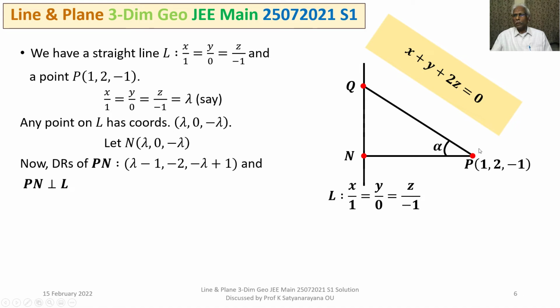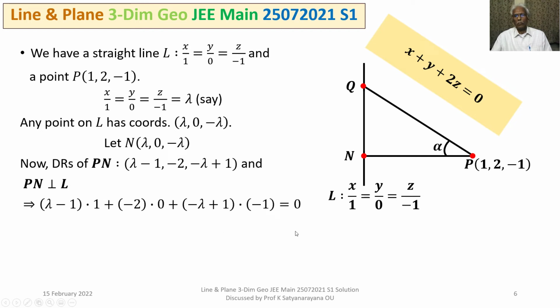And now this PN is perpendicular, orthogonal to the line L. And the line L has direction ratios 1, 0, minus 1. The direction ratios of PN are known, the direction ratios of L are known, and PN is orthogonal to L, which will imply lambda minus 1 times 1 plus minus 2 times 0 plus minus lambda plus 1 times minus 1 is equal to 0.